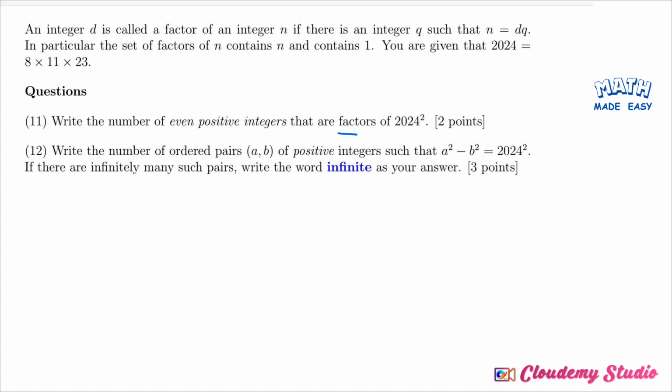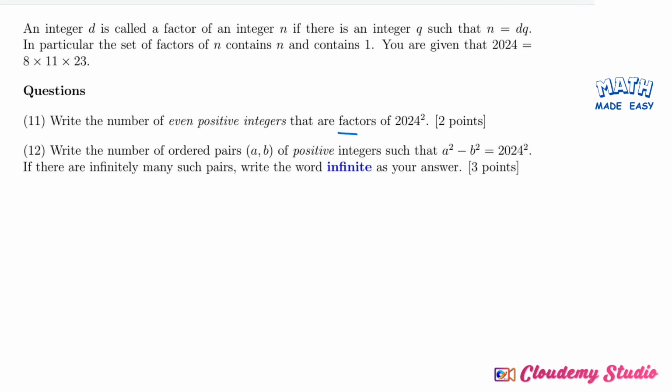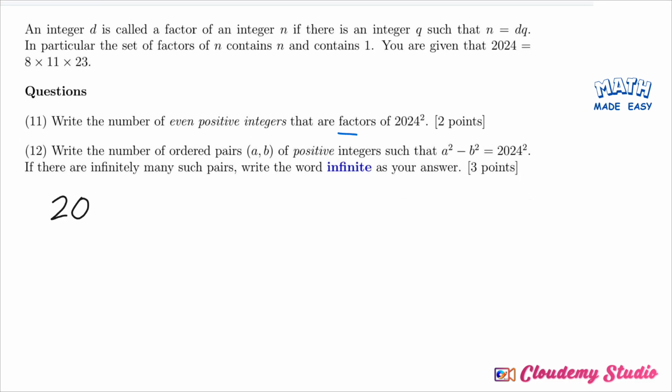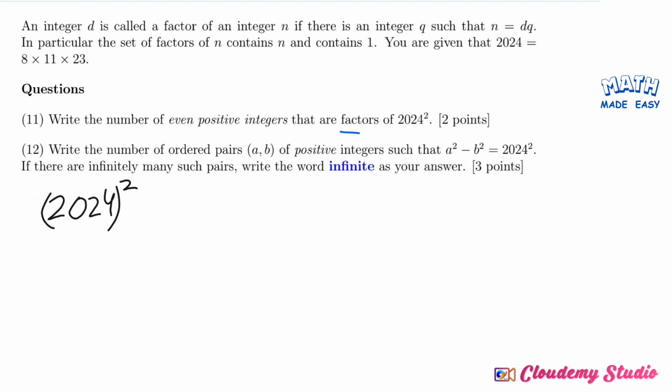So we can write 2024 and its square. Its prime factorization is 2 raised to power 6, 11 raised to power 2 and 23 raised to power 2. Whenever we have to count the total number of divisors, how will we do it?